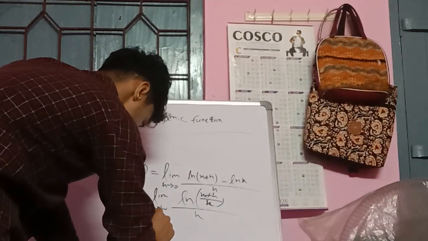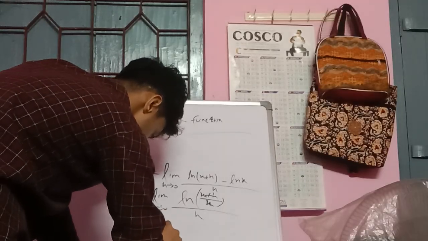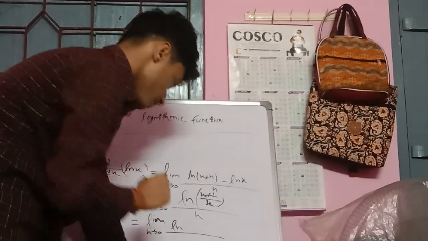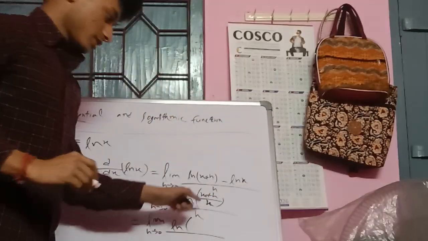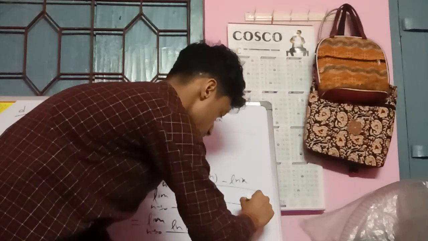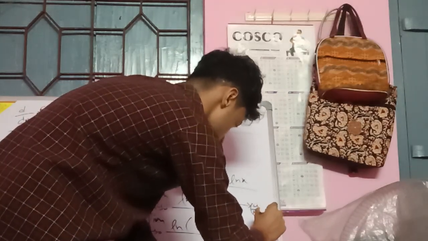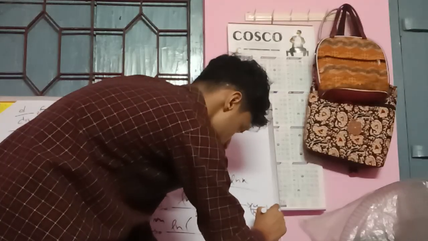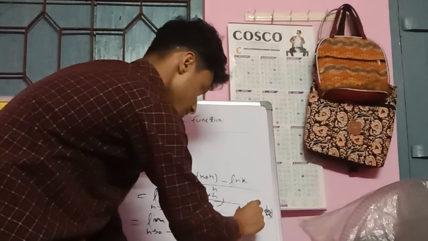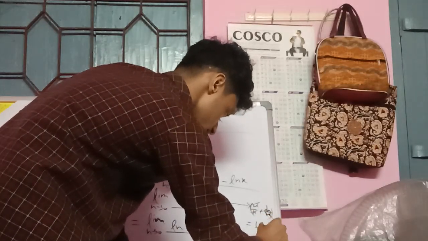This would become the limit as h tends to 0. What would this become? I can write it down as x plus h by x, and this would just become 1 plus h by x.